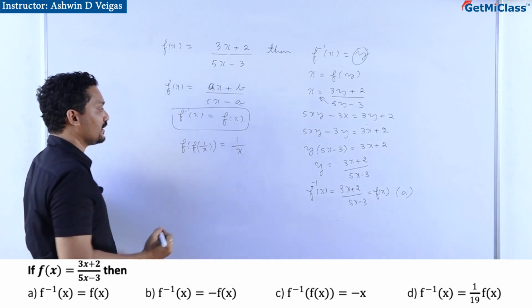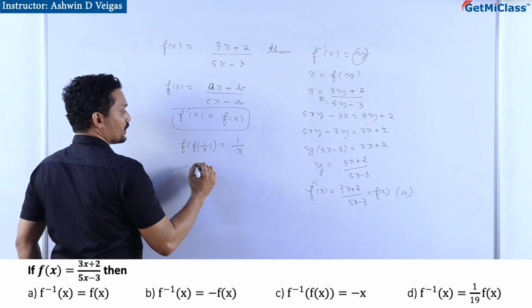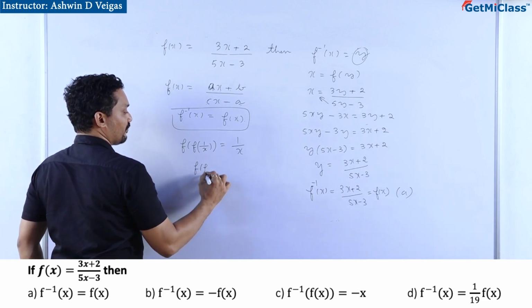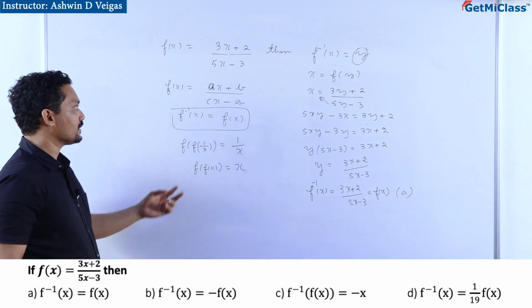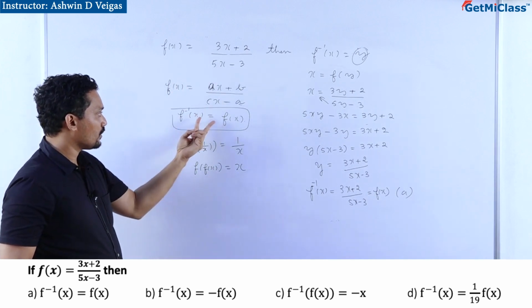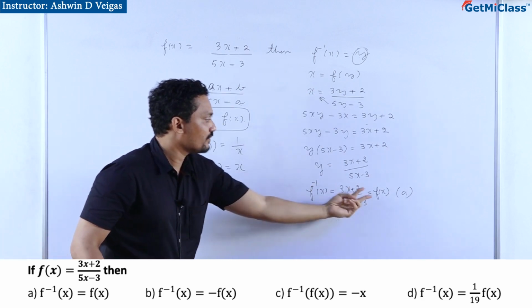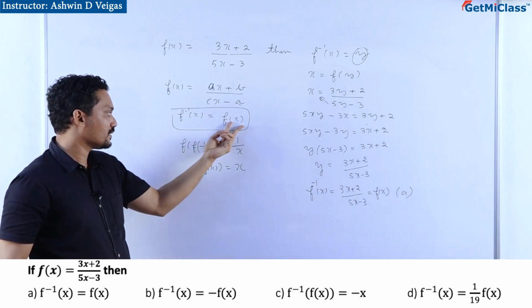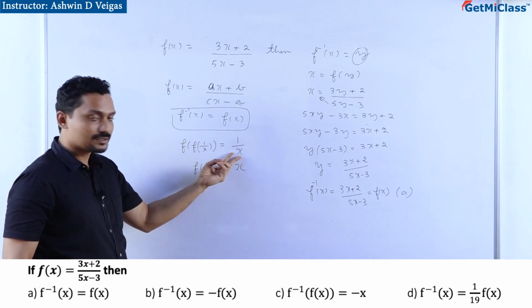For such functions, this will hold. Remember this. If you had known this immediately without doing all these steps, you would have said f inverse of x is equal to f of x, or even if f of 1 by x is asked, the answer will be just 1 by x.